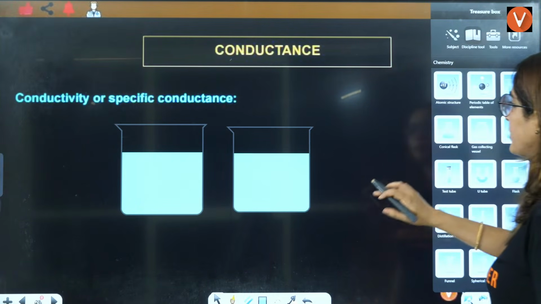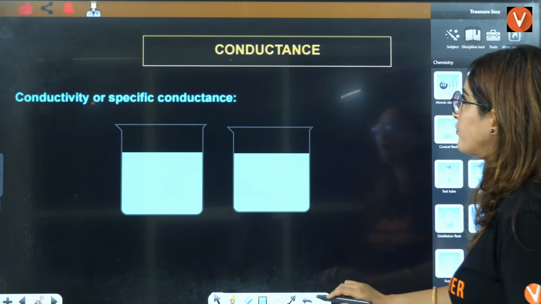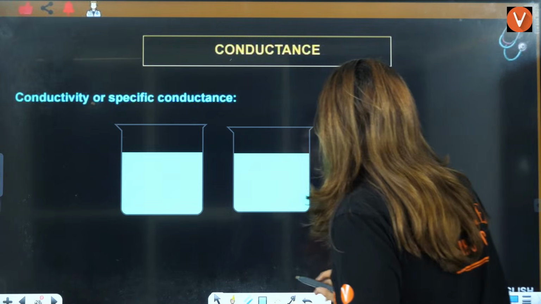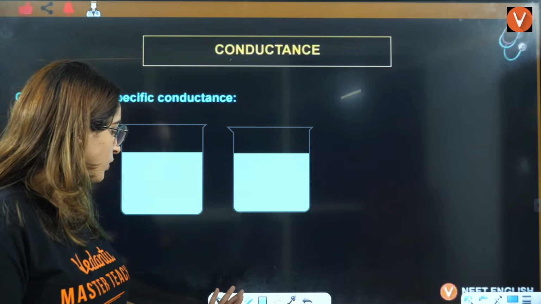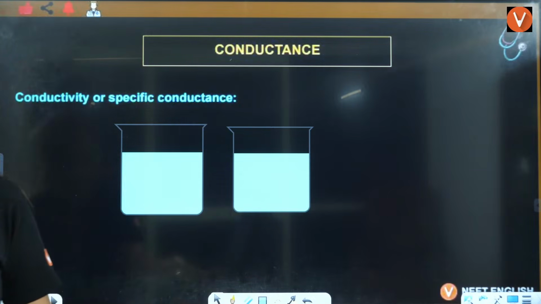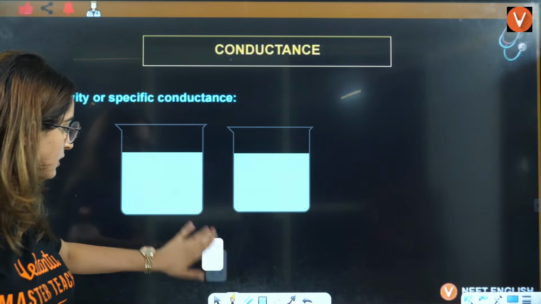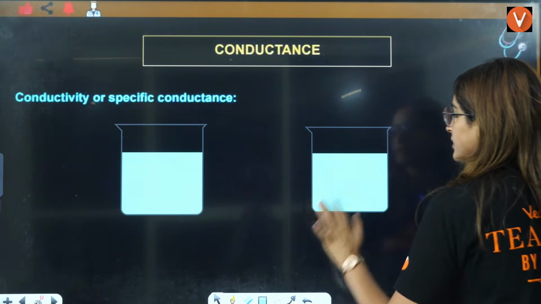That is beaker number 3. It's not allowing me to have more. Something has happened to this board, which I have no idea. Now let's talk about this.